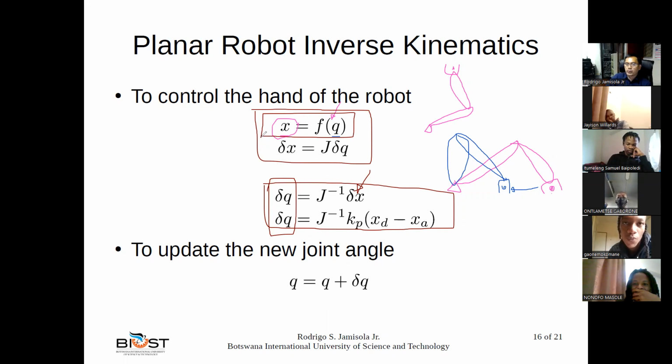But when we linearize, meaning, as I mentioned before, we take the derivative with respect to time of x from your forward kinematics, x is equal to f of q.